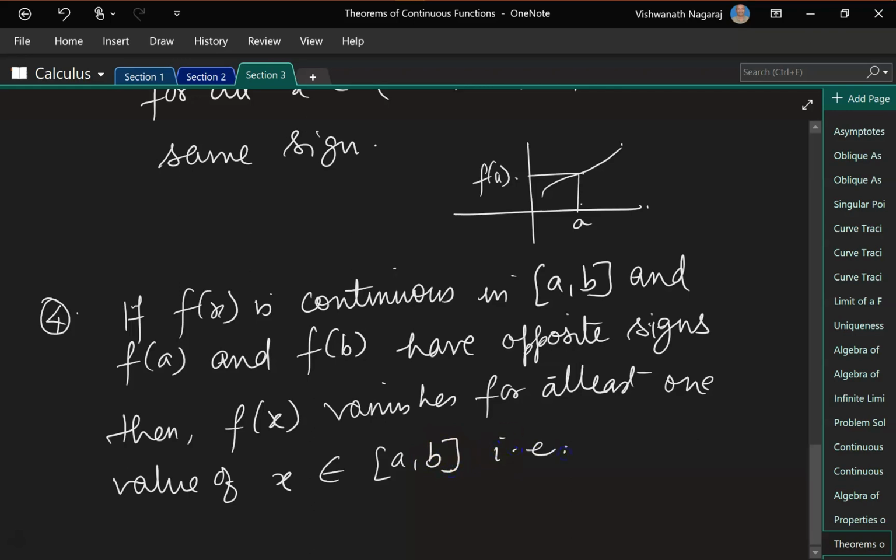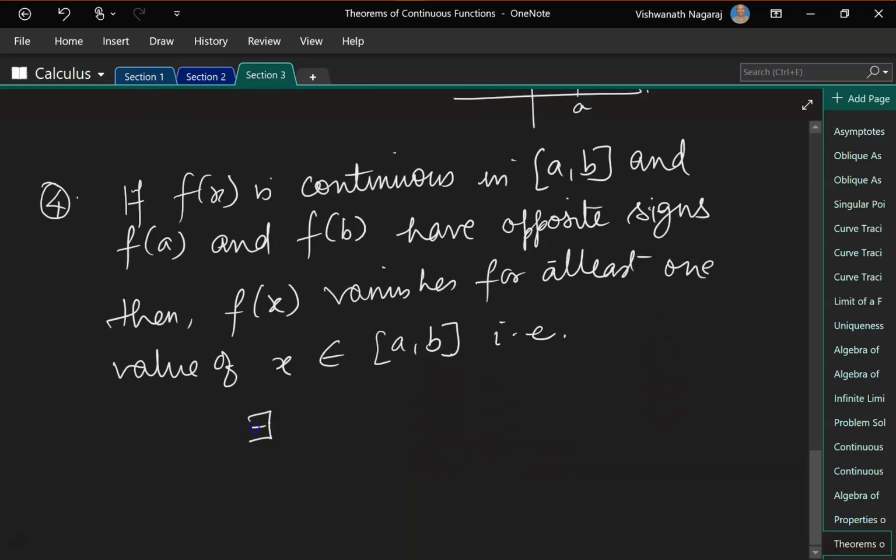That is, there exists c belonging to the closed interval [a, b] such that f(c) is equal to 0.